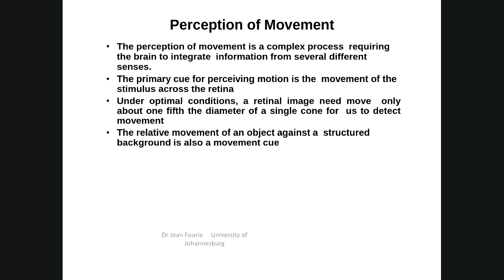The other major perception that we need to be able to do is the perception of things that are moving. We need to be able to see things moving in the world around us, and to see if something is moving slowly or fast.